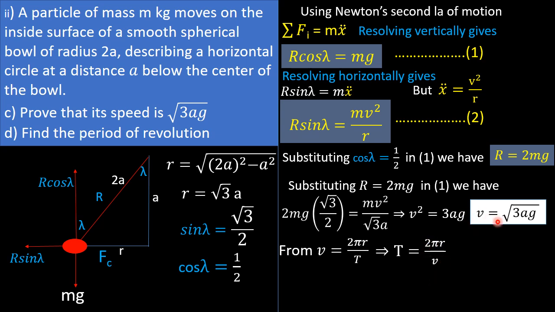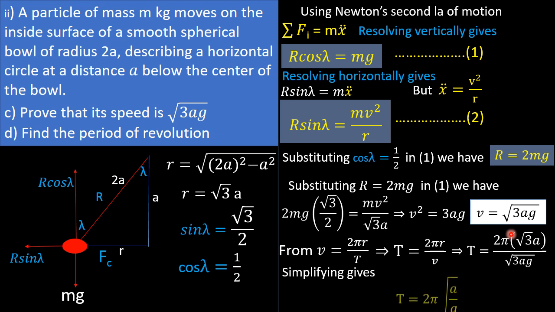We have our v already, so everything is sorted. Our r is what we know already, so we are going to have t equal to 2 pi, which stays the same, r is what we found here to be square root of 3a, all over v, which is what we have here. So friends, we simplify so well, guys. We are going to have t to be something like 2 pi times the square root of a over g. Great. So friends, that's what we have.